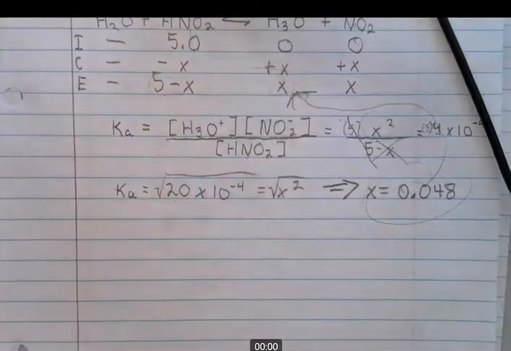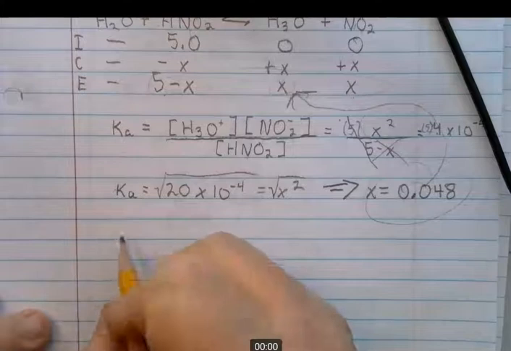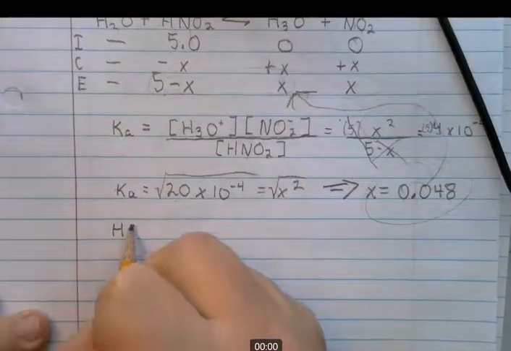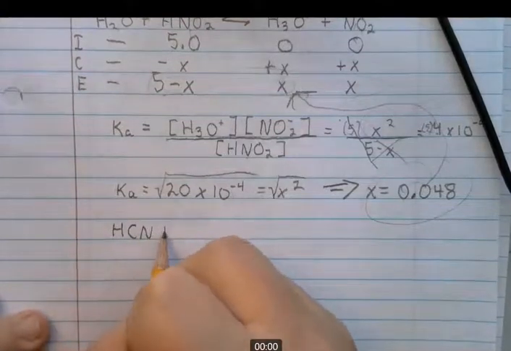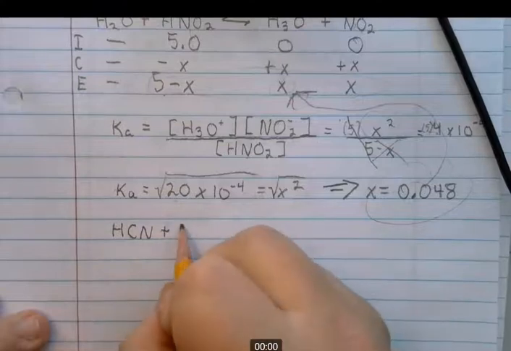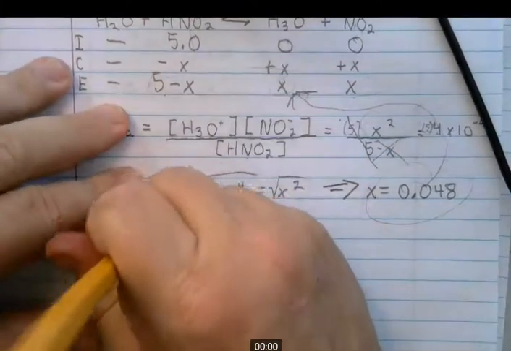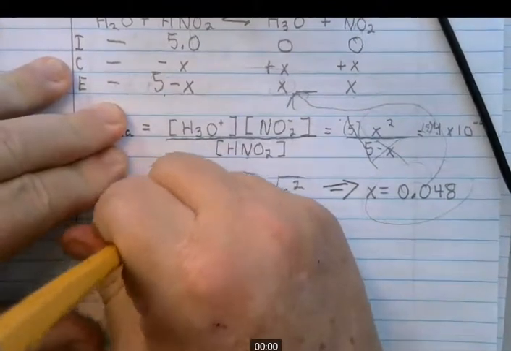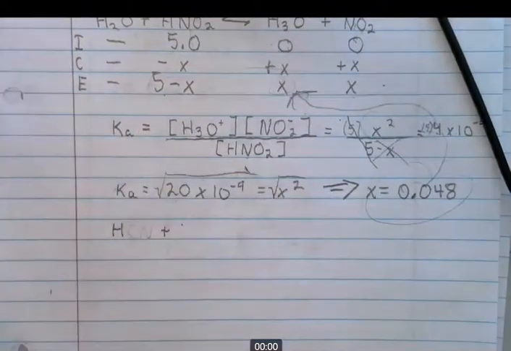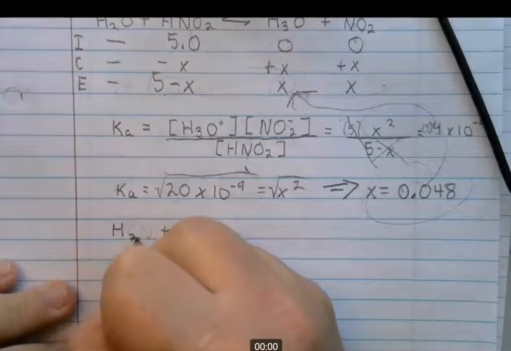So let's go ahead and write the reaction for HCN. HCN plus H2O. Let me just do it in the same order I did it. It's not a big deal. I'm going to put the H2O first. It does not matter.